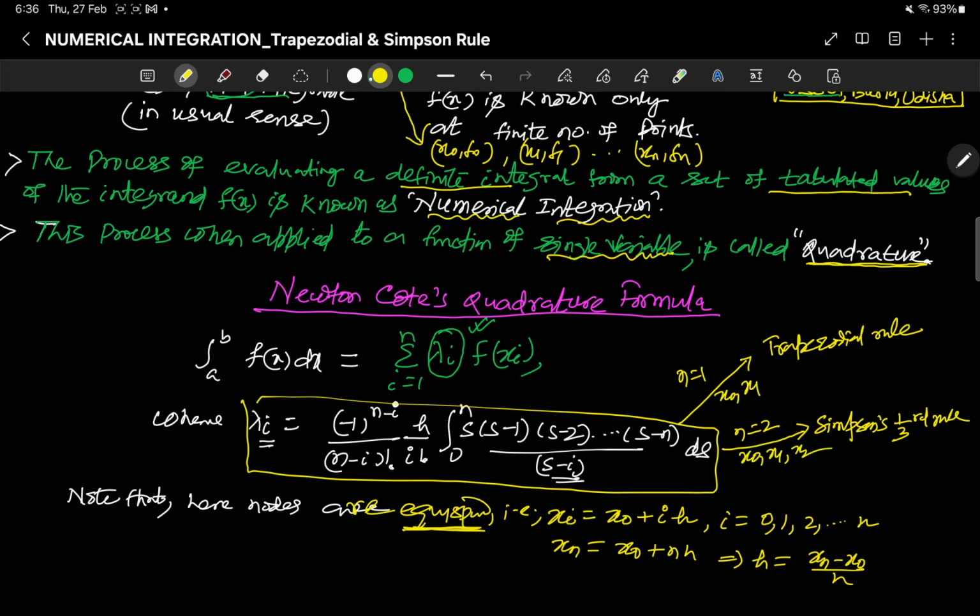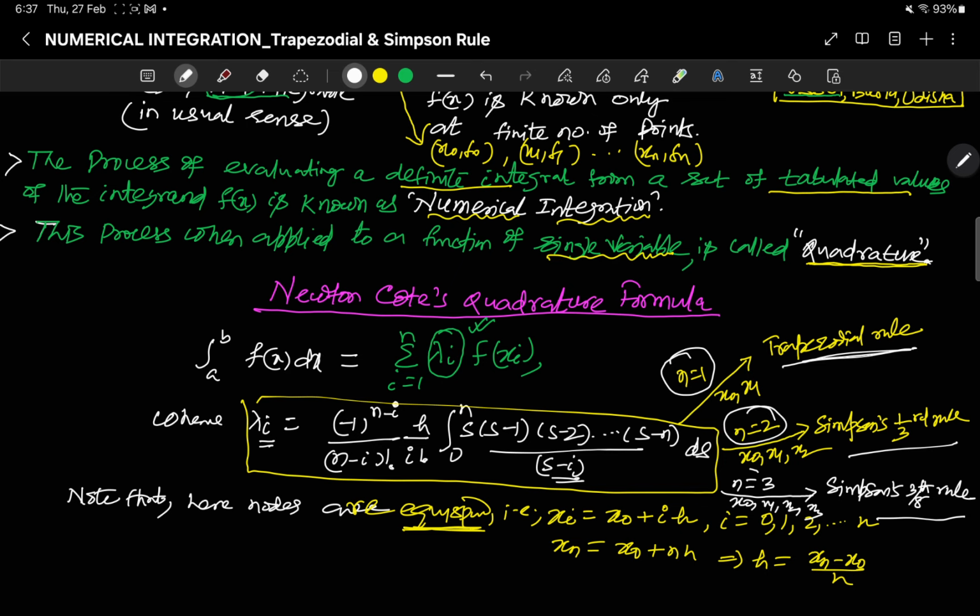If n is equal to 3, meaning x0, x1, x2, x3, with these nodes it leads to Simpson's 3/8 rule. Let us now discuss the formulas for the trapezoidal rule, Simpson's 1/3 rule and Simpson's 3/8 rule by substituting n equal to 1, 2 and 3 respectively.